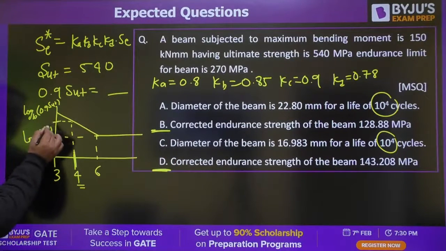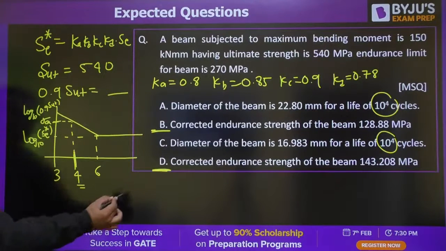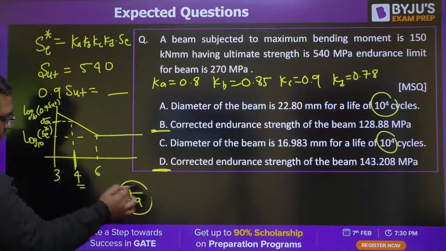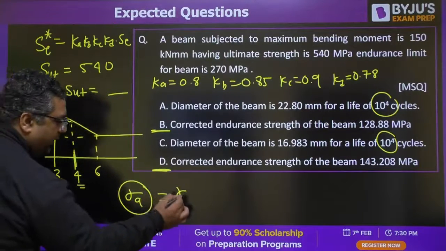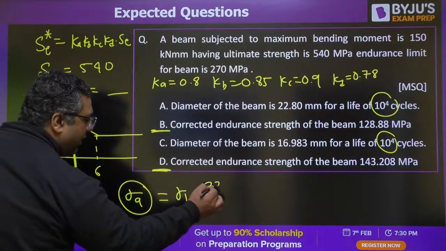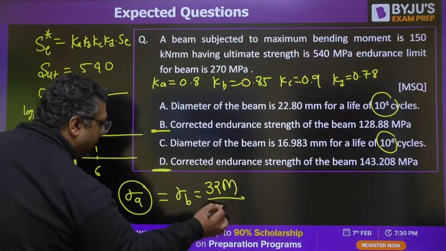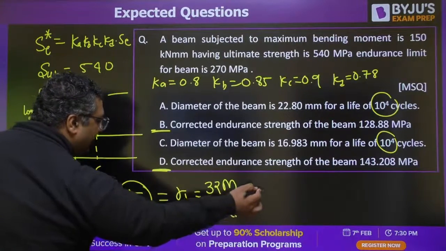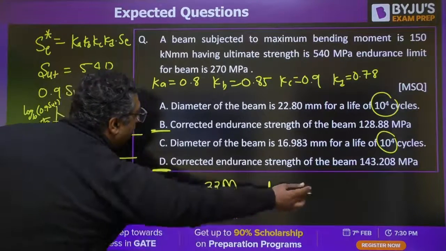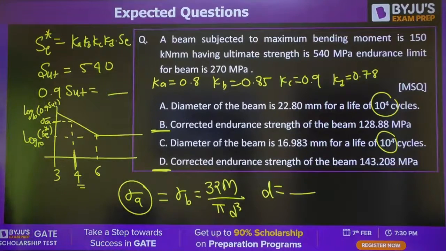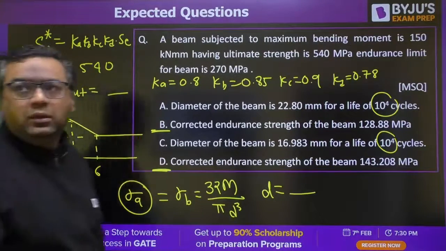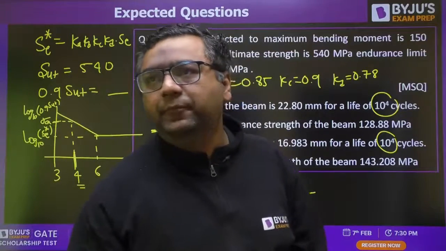So for this you will find out some value of sigma amplitude. So you will be getting the value of sigma A from here. Once you will get this, you will equate it to the bending stress, that is 32 M by pi d cube. And equating it to this, you will be getting the value of diameter. This is how you will solve it. This is a wonderful question. बहुत ही बढ़िया क्वेश्चन है ये.